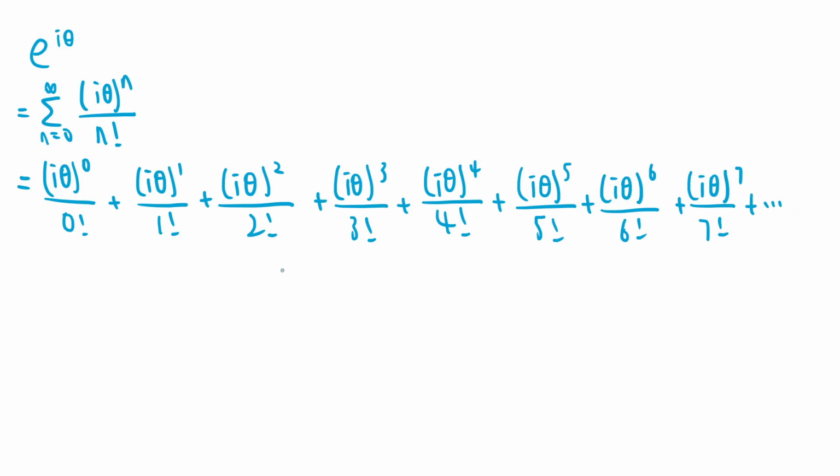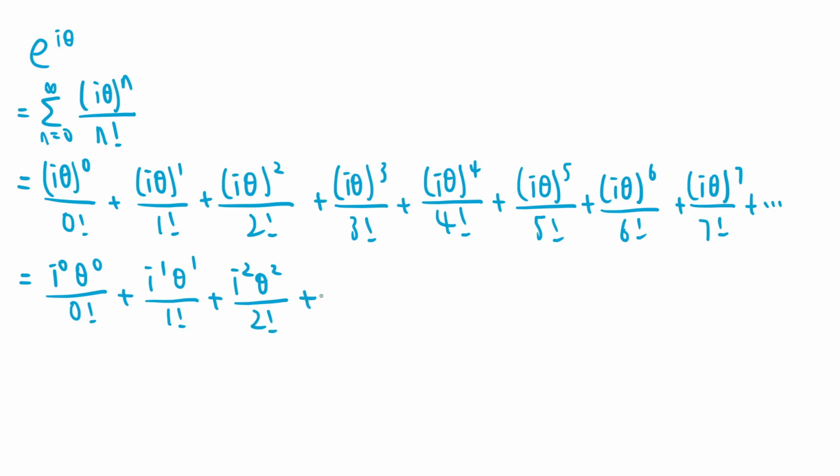The next thing we should do is rewrite all the terms without parentheses. So (i theta) raised to the power of 0 is just i to the 0 theta to the 0 over 0 factorial. And the next term is just i to the 1 theta to the 1 over 1 factorial. And plus the next term would be i squared theta squared divided by 2 factorial, and so on.